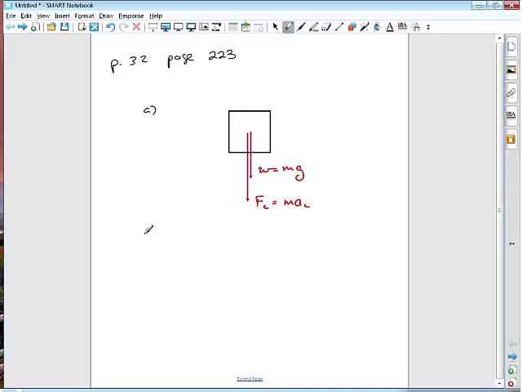So let's go ahead and calculate the weight. The weight is just, again, mass times acceleration due to gravity at that particular point. We have 500 kilograms for the body, and an acceleration due to gravity, which we use all the time, 9.8 meters per second squared. So getting out the calculator, 500 times 9.8 is 4,900 newtons.